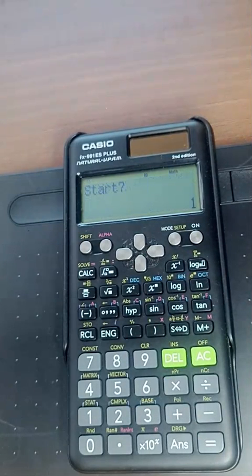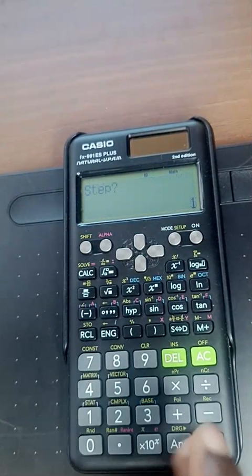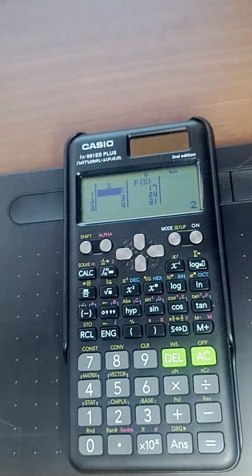Maybe you have been given some numbers where you need to start. Let's say we are starting from 2 and ending at 5, taking a step of 1. It automatically generates the table for us, and it makes the work much easier. Now we have the table, and from this table we can deal with other computations.